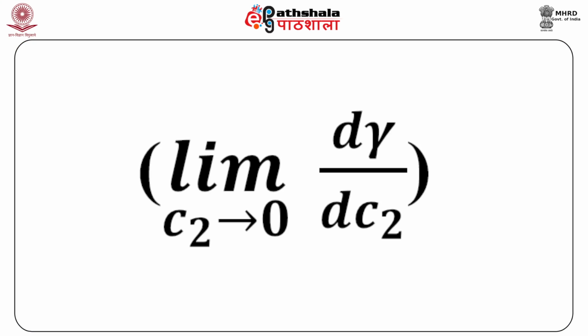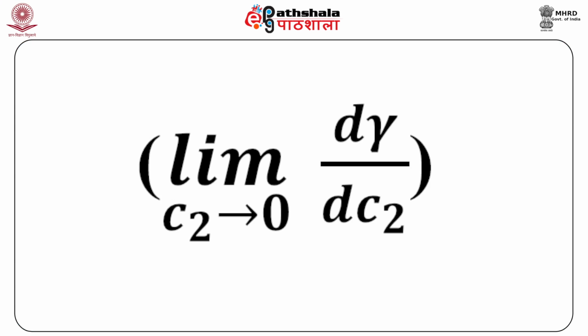The limiting value of the decrease in surface tension with concentration, that is, the limit of d gamma by dC2 where C2 tends to 0, is termed surface activity. On the other hand, if a substance increases the surface tension of the solvent to which it is added, that is, d gamma by dC2 is positive, it is called a surface inactive material.